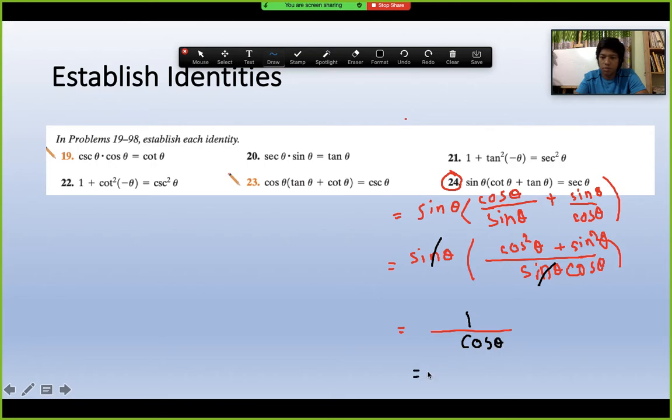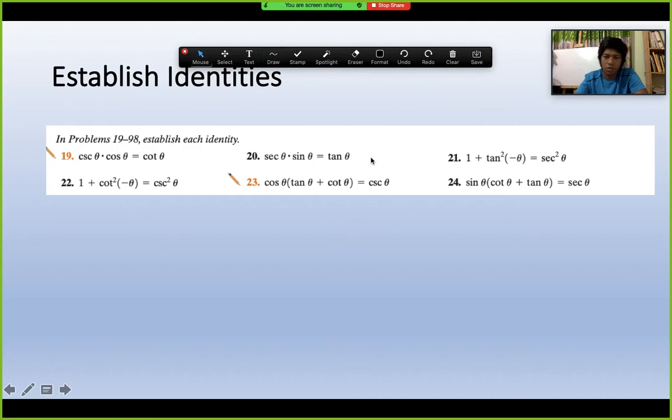This equals 1 divided by cos theta, which equals sec theta. This is what they asked us to establish. So we saw that from this we can go there.